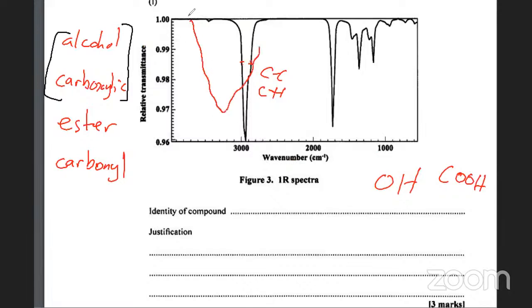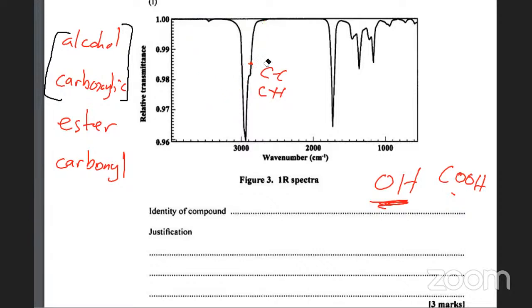If you see a very broad peak up at the 3,000 mark, that's the OH in a carboxylic acid, without even using the specific number. Once you see a very wide peak at the left-hand side, that's OH for a carboxylic acid.